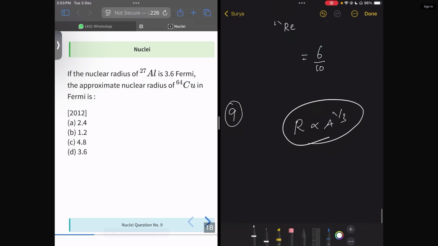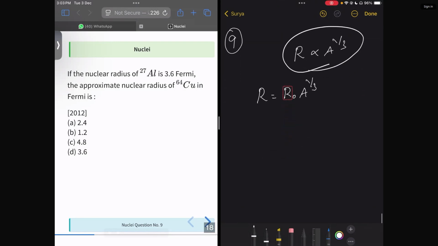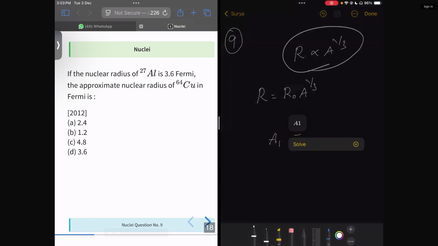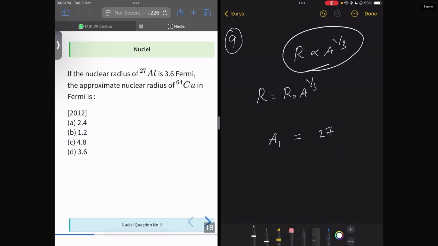So suppose R is equal to R naught into A whole power 1 by 3. R naught is a constant of proportionality. Suppose you know the mass number of aluminium. The mass number of aluminium will be A1, it will be 27, right? And the mass number of copper will be A2 is equal to 64.